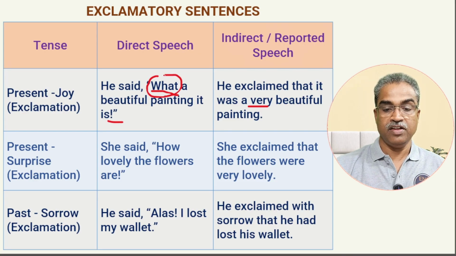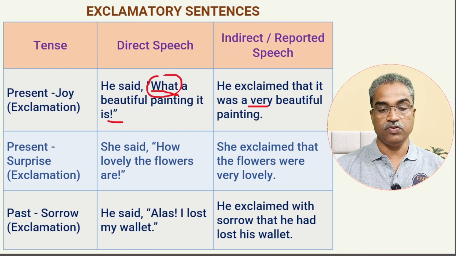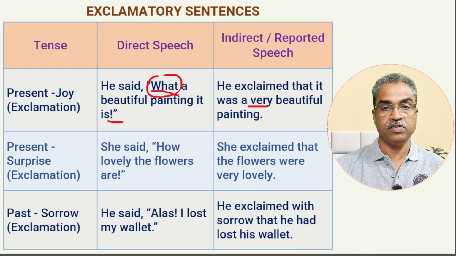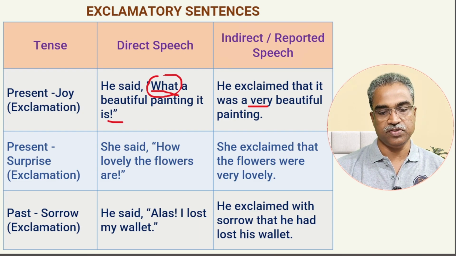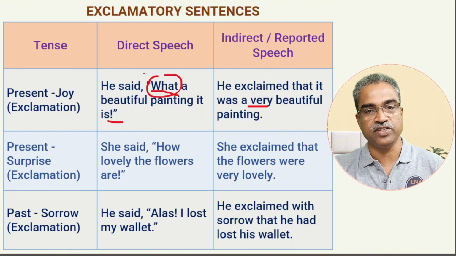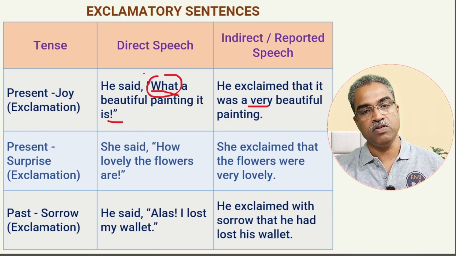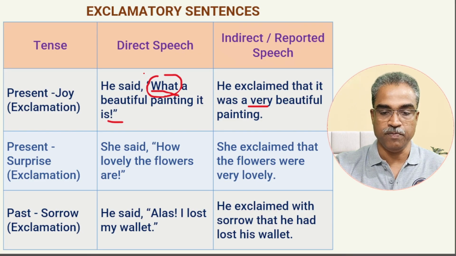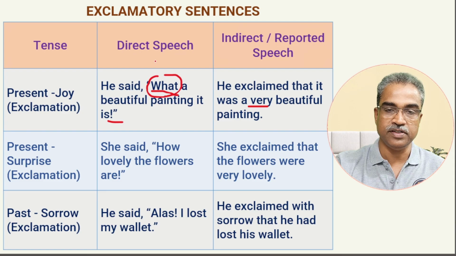He exclaimed that it was indeed a very beautiful painting, or really a very beautiful painting. Whatever way you use it, it has to be a statement. We cannot use an exclamatory sentence. You are reporting an exclamation, so when you report, the report is always in statement form. I hope you understood this.